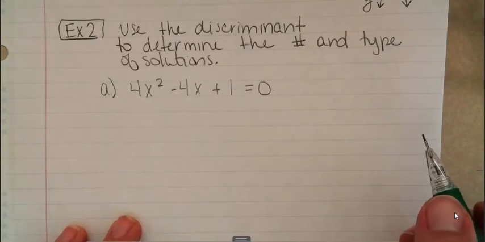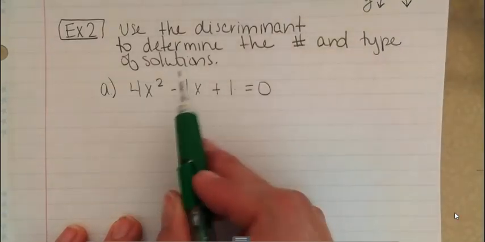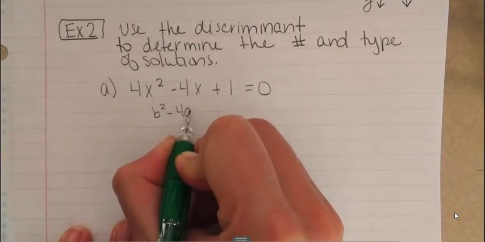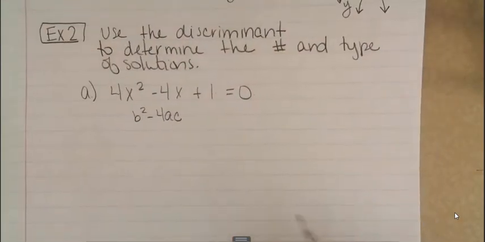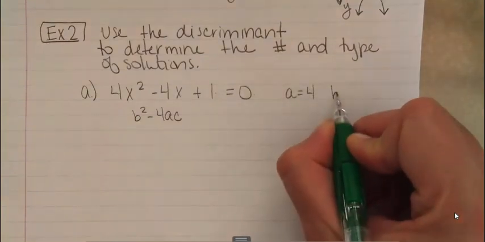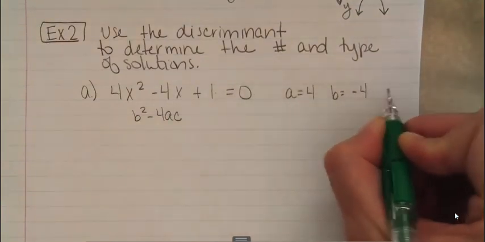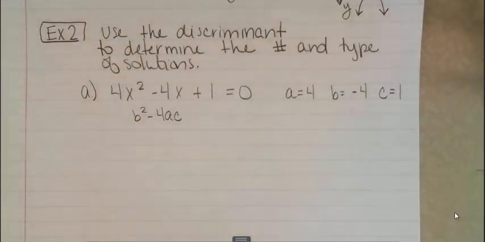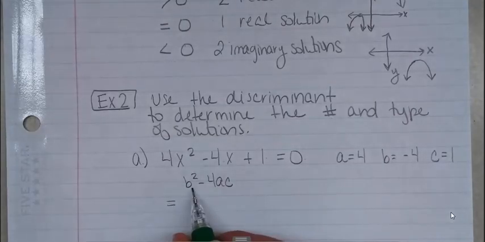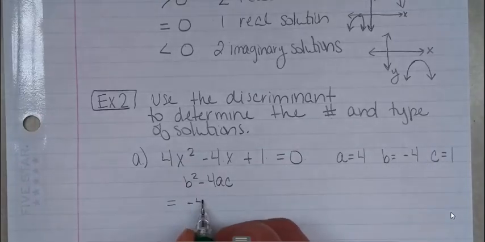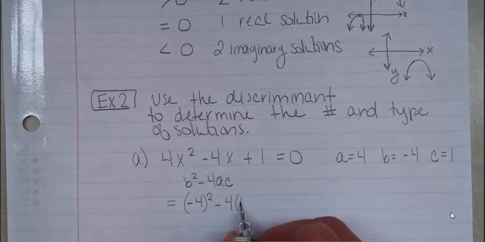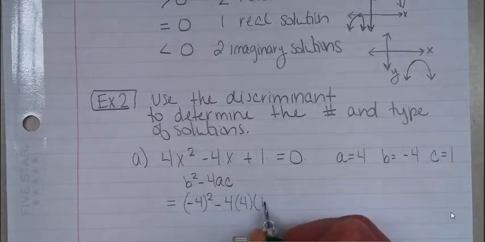And to try and figure out the number and type of solutions, I'm just going to use b squared minus 4ac. So I guess it's going to be important to tell what is A, what is B, what is C. Just plug those in. So b squared is going to be negative 4 squared minus 4 times A is 4 times C is 1.